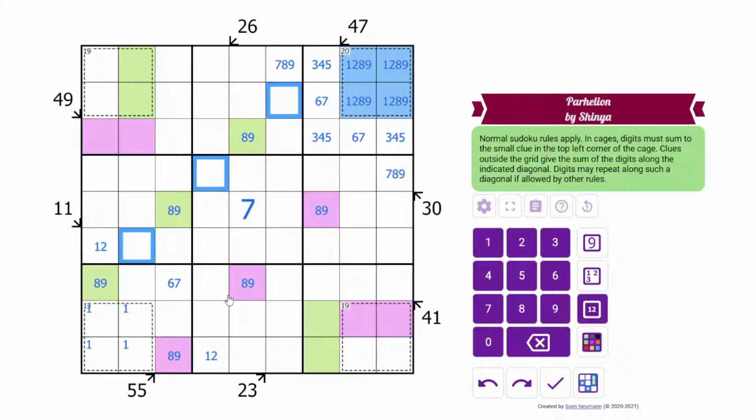I'm trying to figure out what I could possibly do here, but can this be without a 1? Yeah, it can pretty easily, can't it? This is 9, 2, 3, 6 or something. Ay, ay, ay, Dios mío.